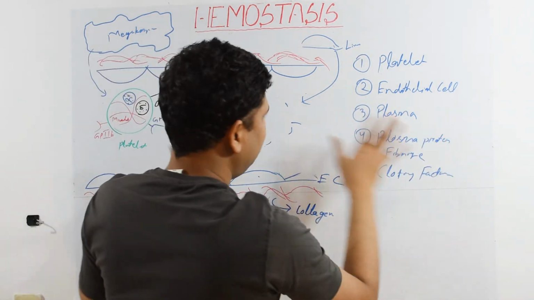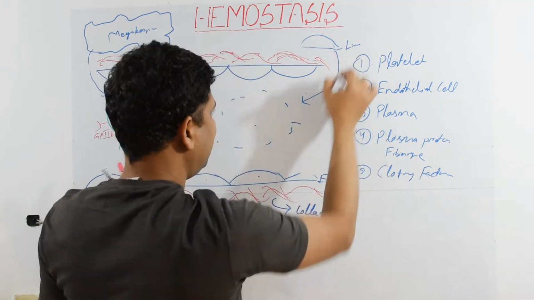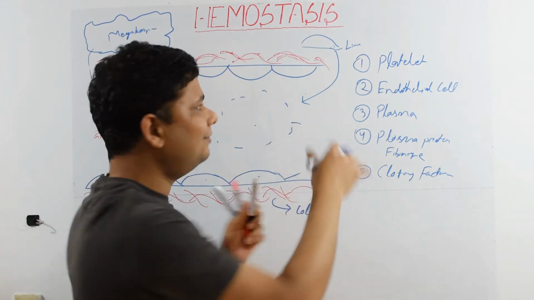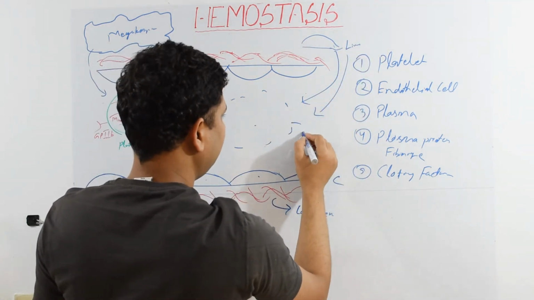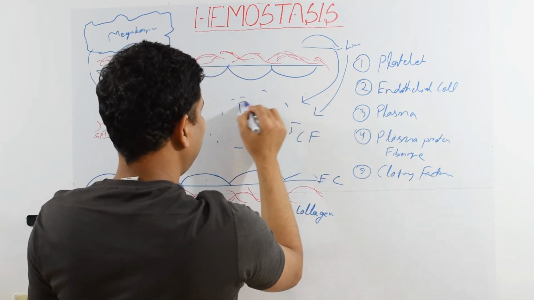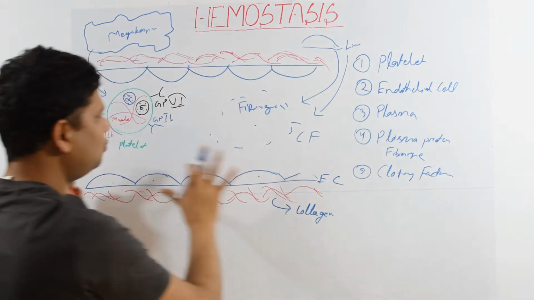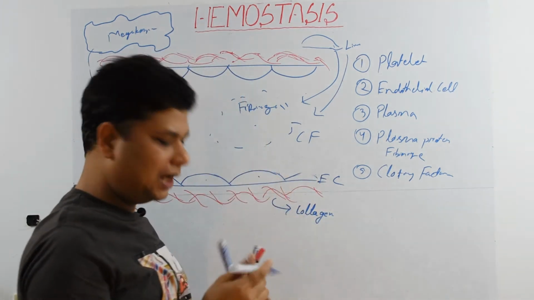Apart from fibrinogen, we need clotting factors. All the clotting factors are present in blood and are similarly derived from the liver. Everything we need for clotting is already present in blood.